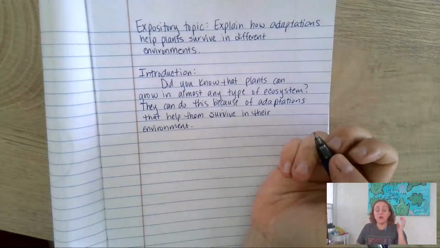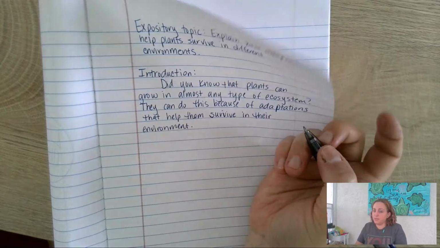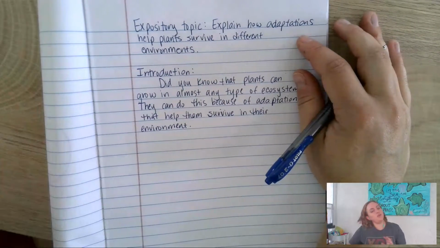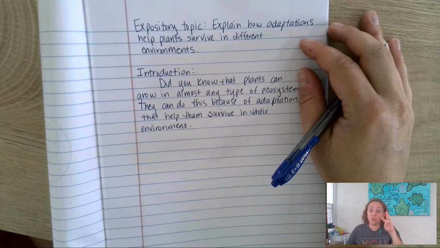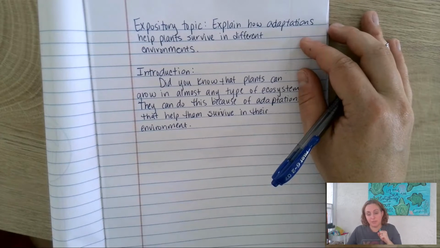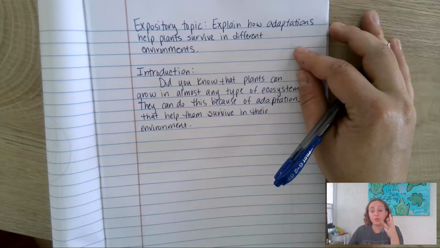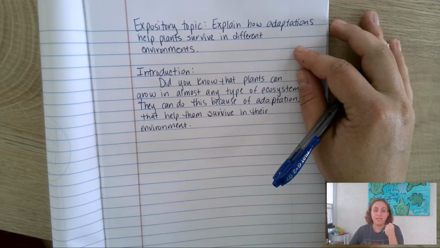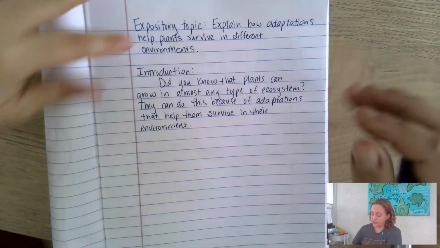Okay, so I'm not quite done with my introduction yet, because also in your introduction, you want to introduce your 3 main topics that you're going to be talking about in your body paragraphs. So I write about 3 different types of environments. So I'm going to introduce those.